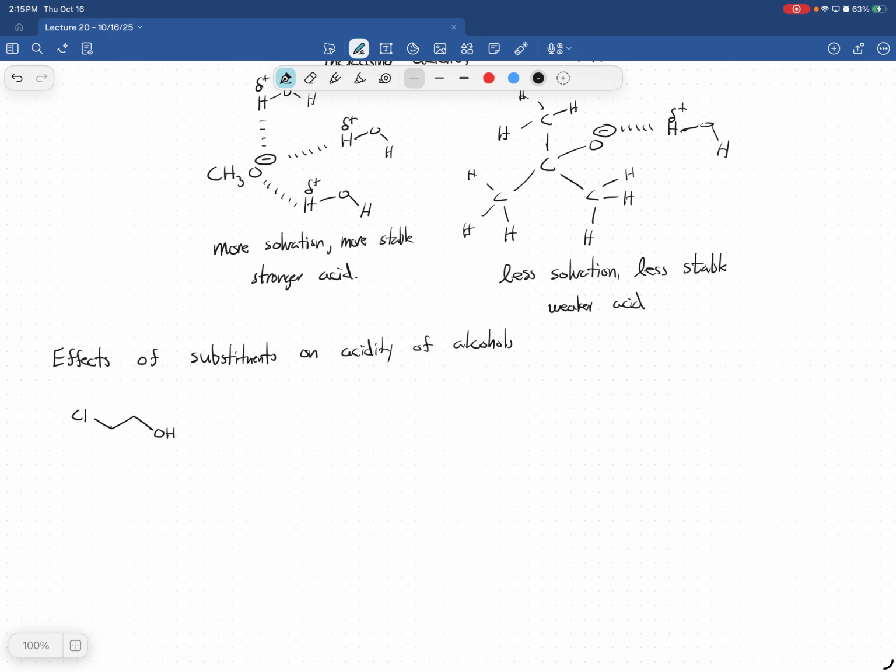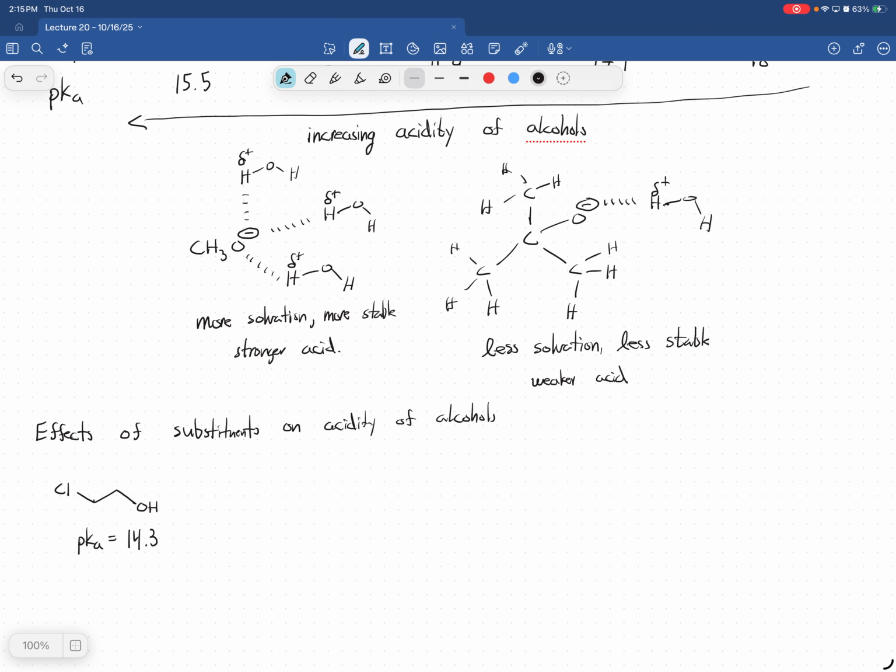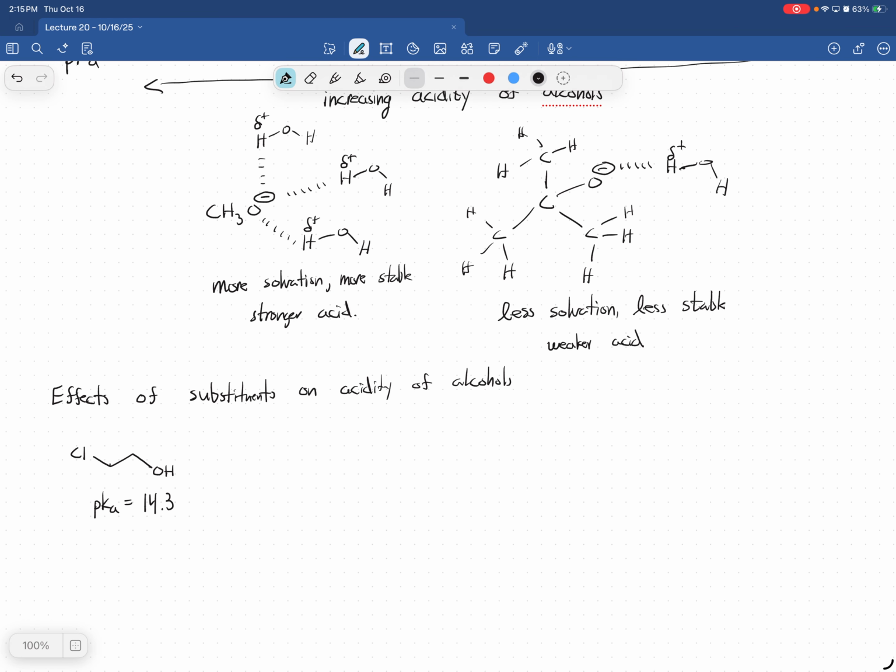If it's one carbon away from the OH group, this pKa is still almost 1 pKa unit lower than methanol, 14.3. So you see it goes down as we add those electron withdrawing groups or electronegative atoms.